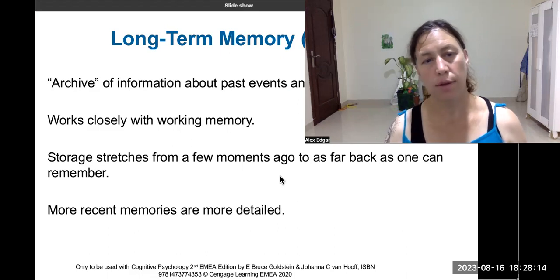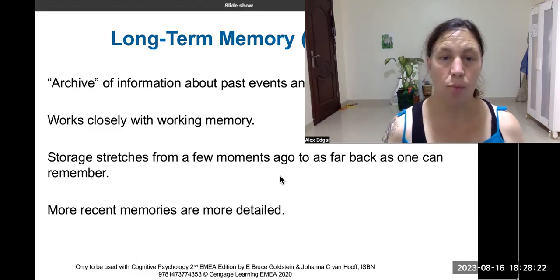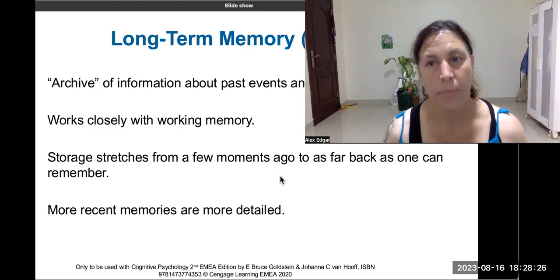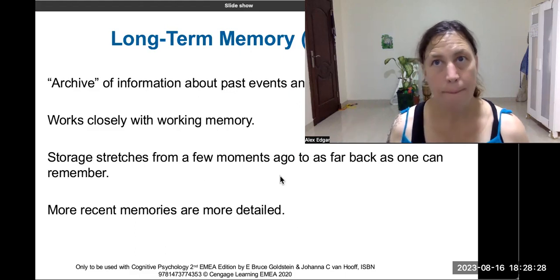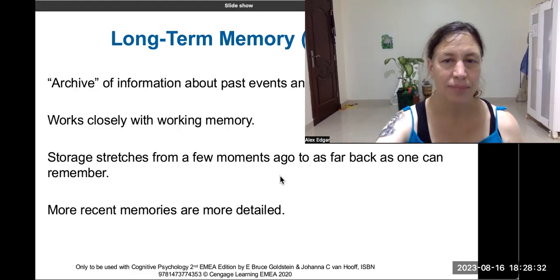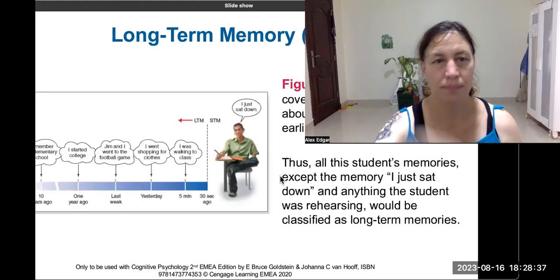Storage stretches from a few moments ago to as far back as one can remember, and more recent memories are more detailed. If you think about your first toy, you probably remember it, but only vaguely. Think about your latest phone, you remember it very well.